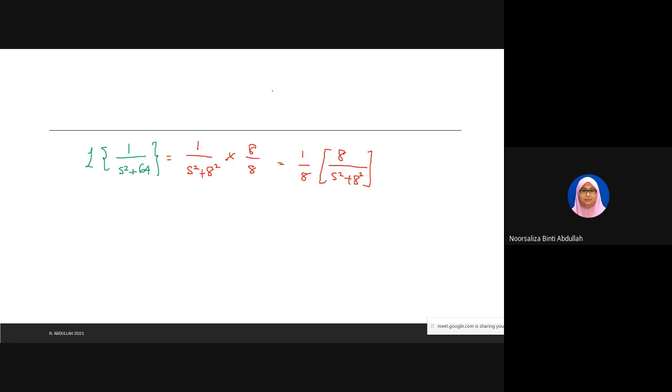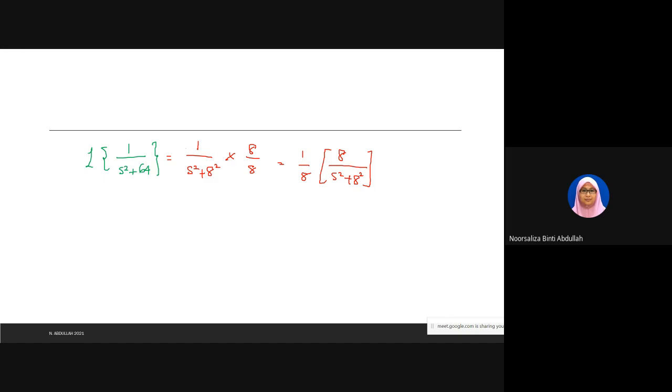Okay, because we want 8 dekat atas ni, so that's why kita darabkan ni. Kalau you cancel this one, you boleh dapat balik yang ini. You can get the original signal.